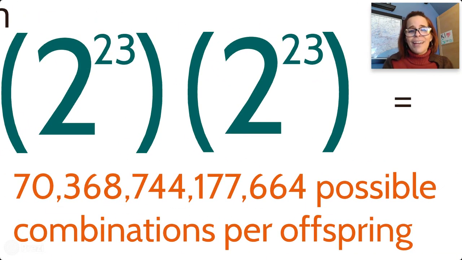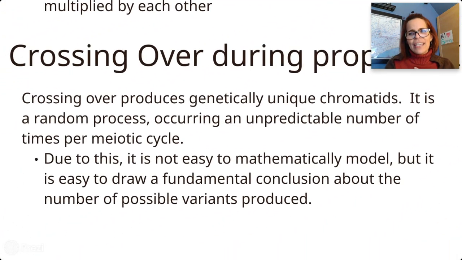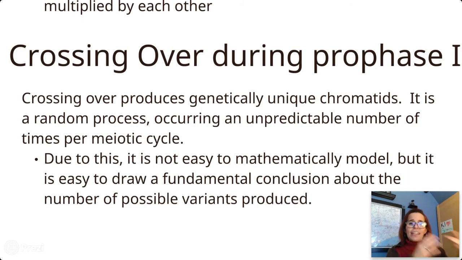You multiply them together, and for any given offspring, in at least a human being, there's more than 70 trillion possibilities for the baby in one family. What? So in essence, genetic diversity within a human population is virtually infinite. That's crazy.